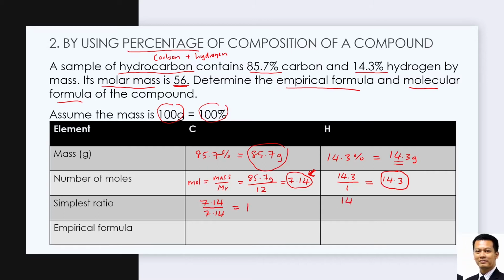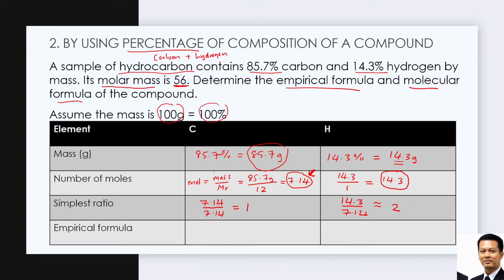And 14.3 divided by 7.14 is actually almost equal to 2. The sign that I show here is almost equal. Maybe it is 2.009 or 1.99 something, but actually it is nearing 2.